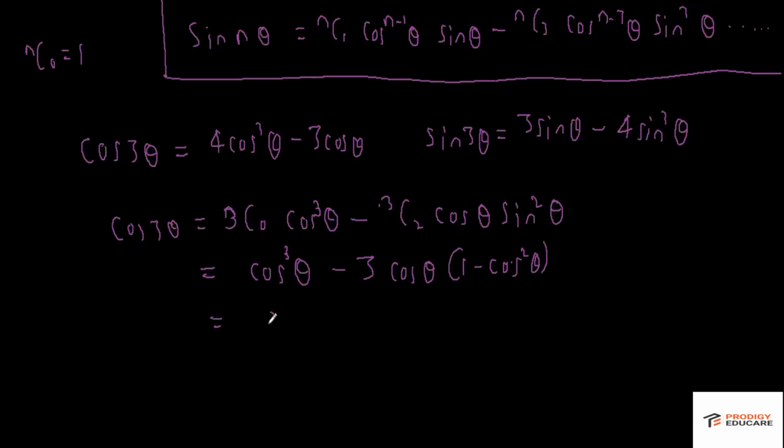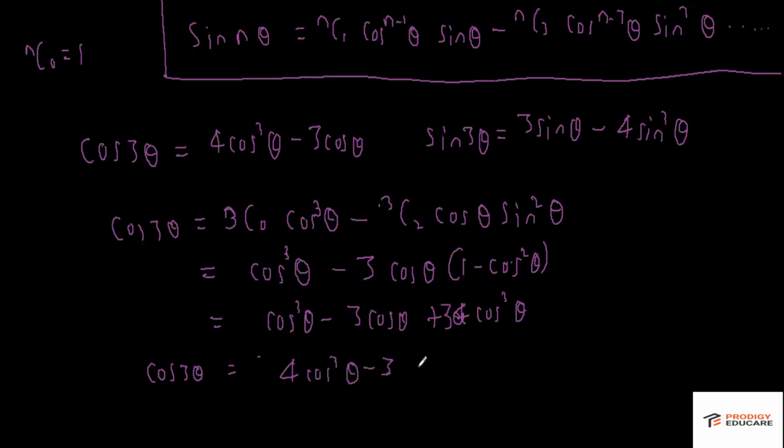Perfect. So this can be written as cos cube theta minus 3 cos theta plus 3 cos cube theta. After adding, we'll get 4 cos cube theta minus 3 cos theta.